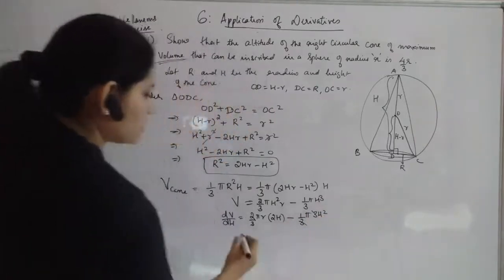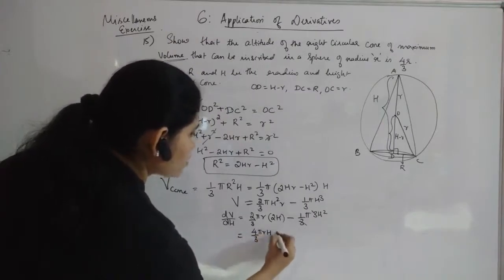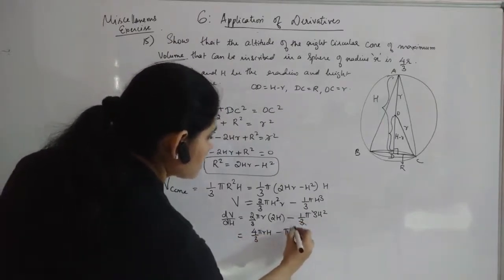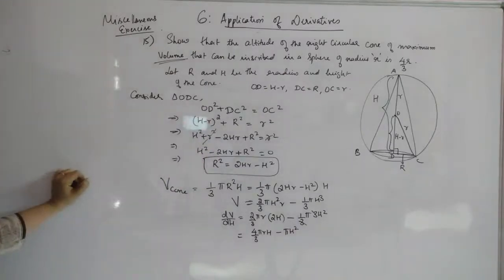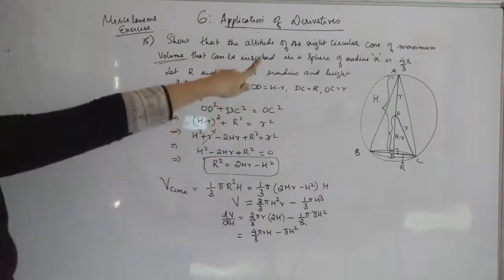So this 3 gets cancelled. Here this will become 4 by 3 pi r H minus pi H square. Okay. Now we have to equate it to 0, and that will give you the condition which is given there.